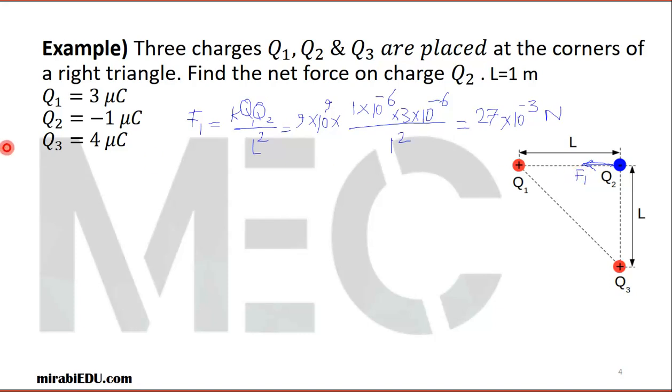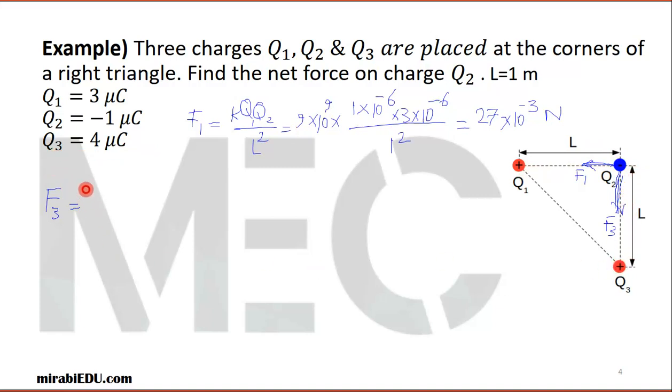What about the charge Q3 and the force from Q3? The force from Q3 will be again an attraction force like this. So F3 will be like this. I drew F3 greater than F1 because I know that the magnitude of the force is greater, because the charge is greater. The distances are the same, but the magnitude of Q3 is greater.